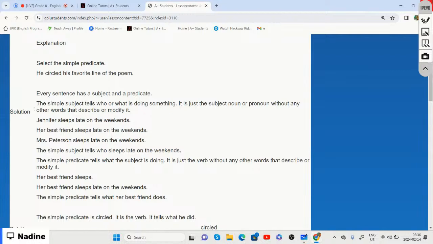And when it comes to a simple subject, we select the subject noun or the pronoun without any other words that describe or modify it.